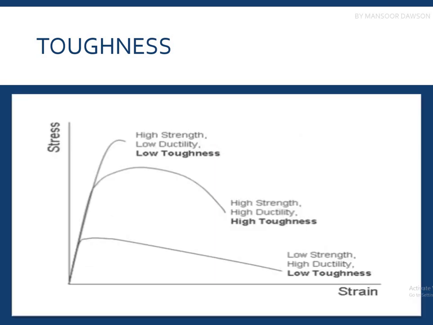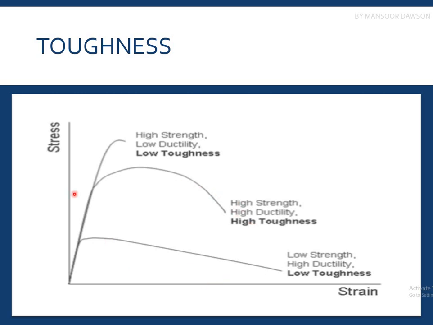Here you can see what I was discussing in the temperature and ductility graph: when the ductility is increased, as you can see here with temperature, the strength is compromised, and again there would be less toughness because there is less area here.